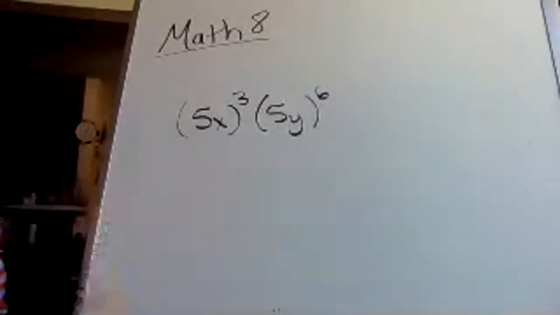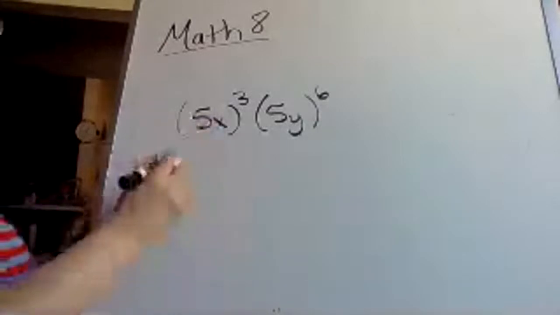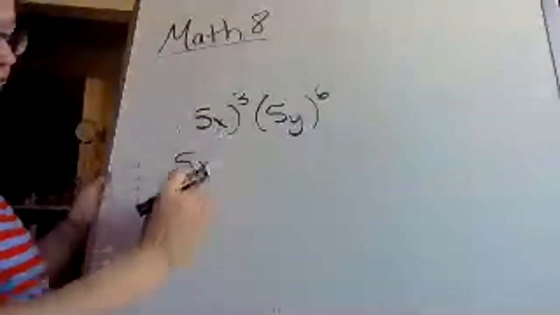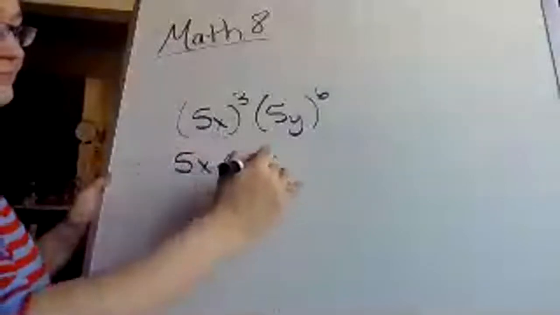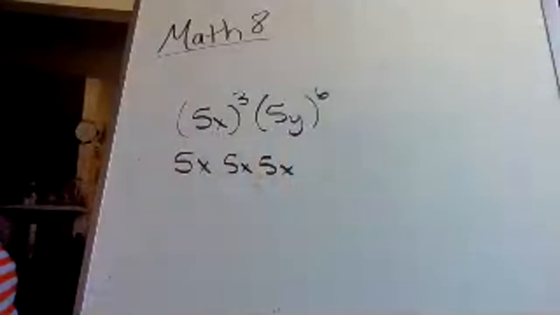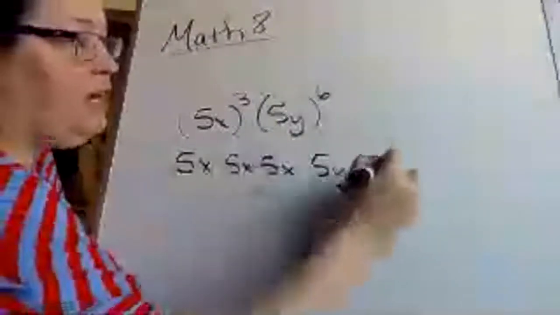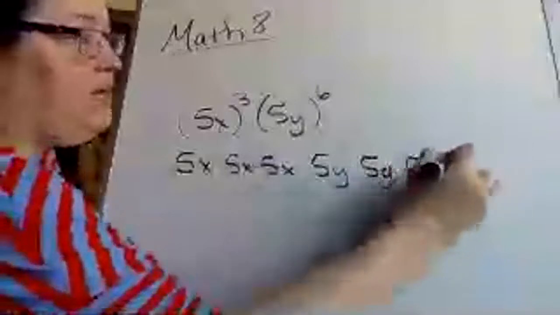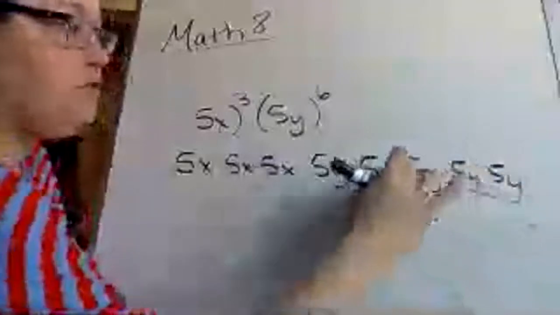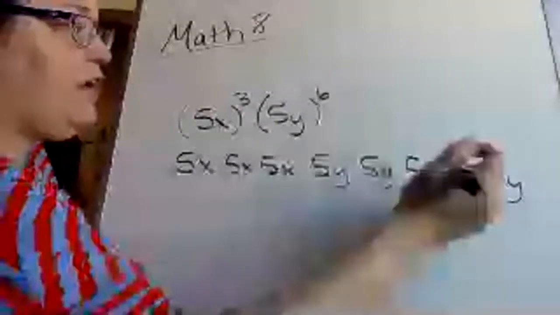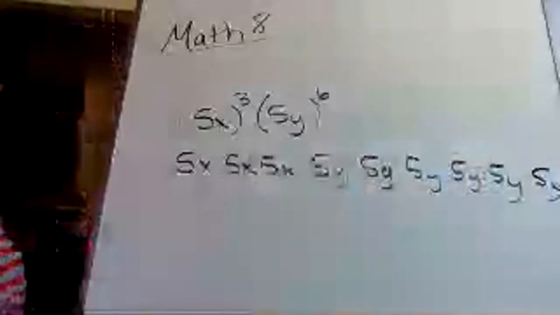So if you wrote it out the long way, this right here would be 5. I like to write it like this. And then this one would be 5y, 5y, 5y, 5y, 5y, and I need one more, and some dots right there.